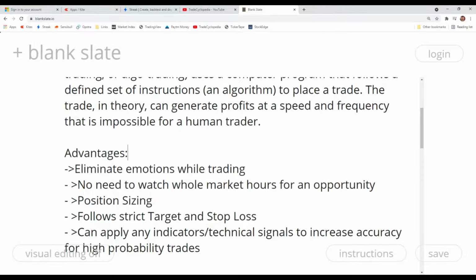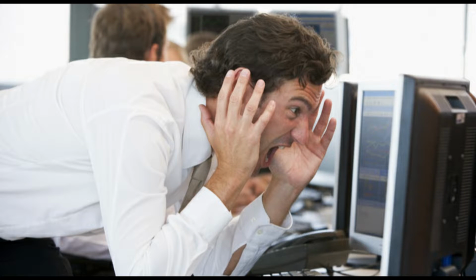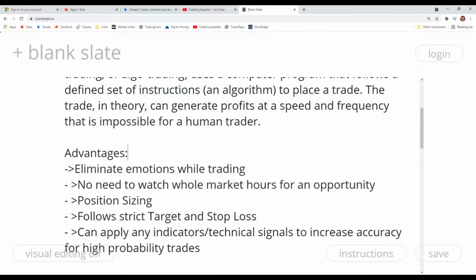Maybe the stock price falls again from the 95 level to 90, and still I have a conviction that it may reverse at any point that day, and I'll wait for some more time, but it will never come back. And then I have to book a huge loss, or my whole capital will vanish. That problem happens only because of the human emotions involved while trading.